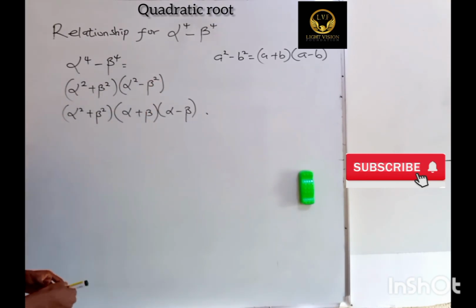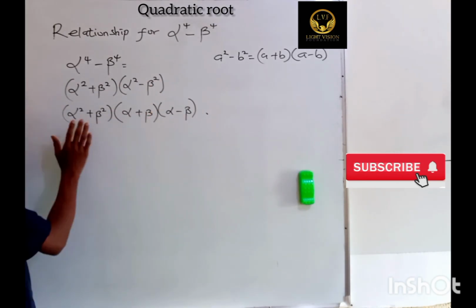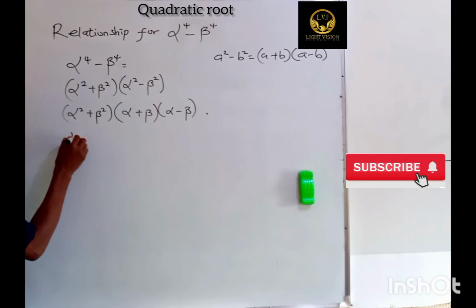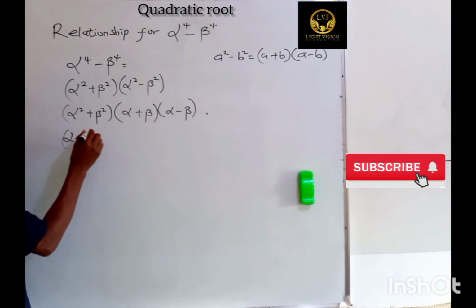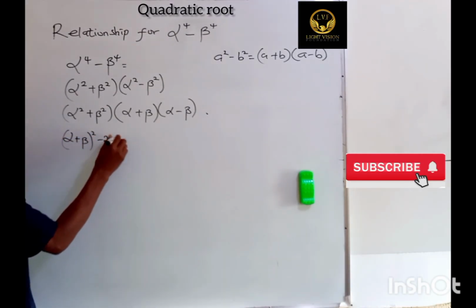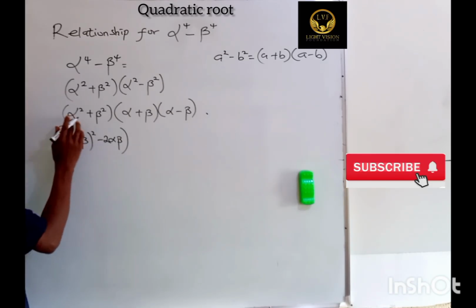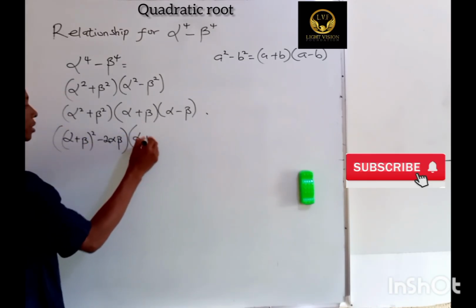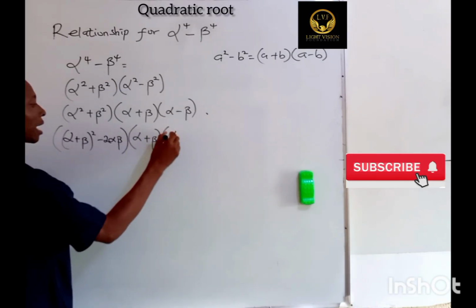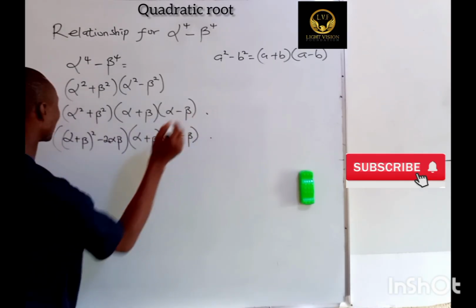Now we have derived the formula for each of these. This was given as alpha plus beta all squared minus 2 alpha beta. That's for this. Then here alpha plus beta, and here alpha minus beta.